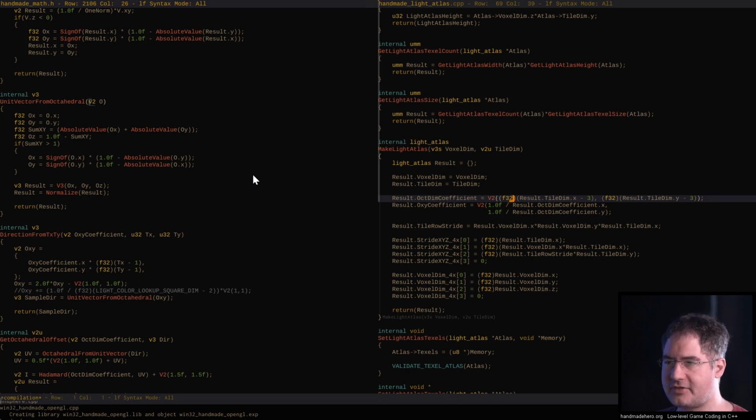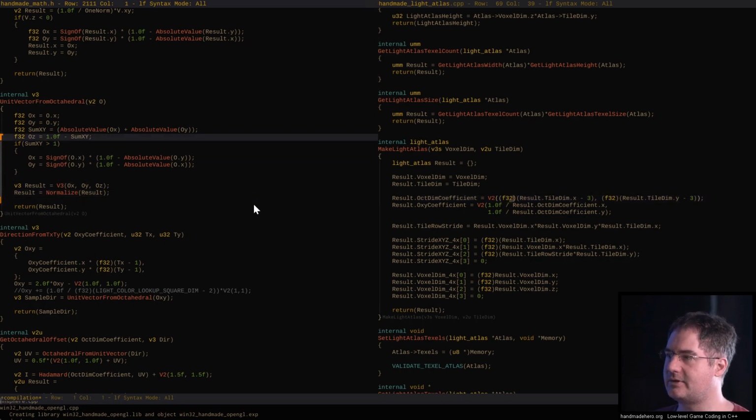So I think that would do it, because that's a 0 to 1 value, right? So let's see what happens. I'm going to call unit vector from octahedral.